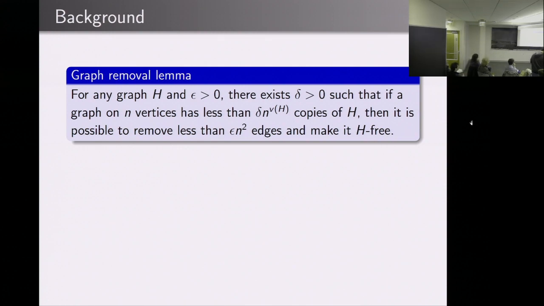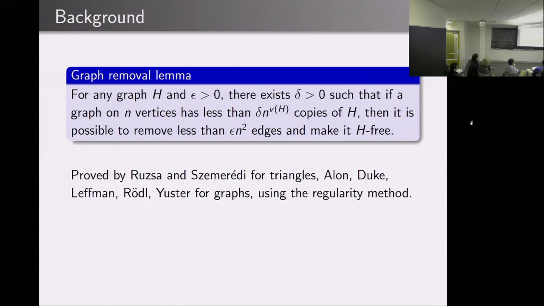Here you could theoretically have n choose v(H), or roughly n to the power of v(H) copies, and instead we have a very small density of H. This was proved by Ruzsa and Szemerédi for triangles, and then it was stated by Alon, Duke, Lefmann, Rödl, and Yuster for general graphs.